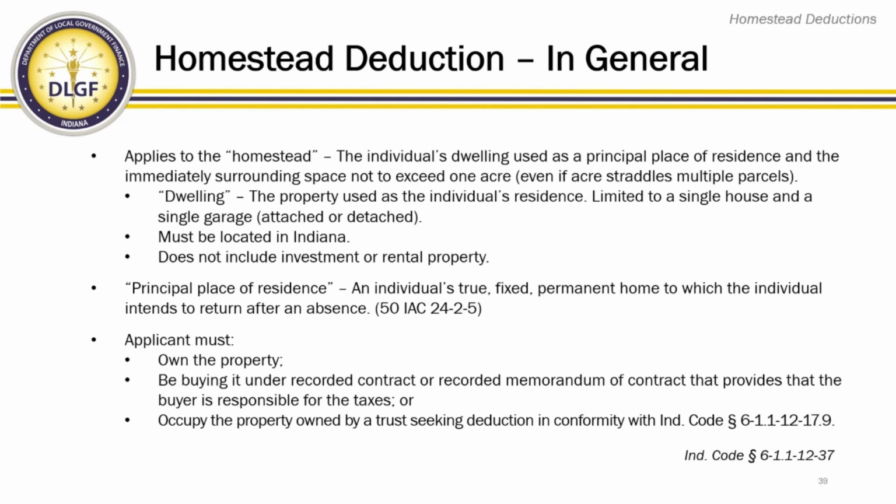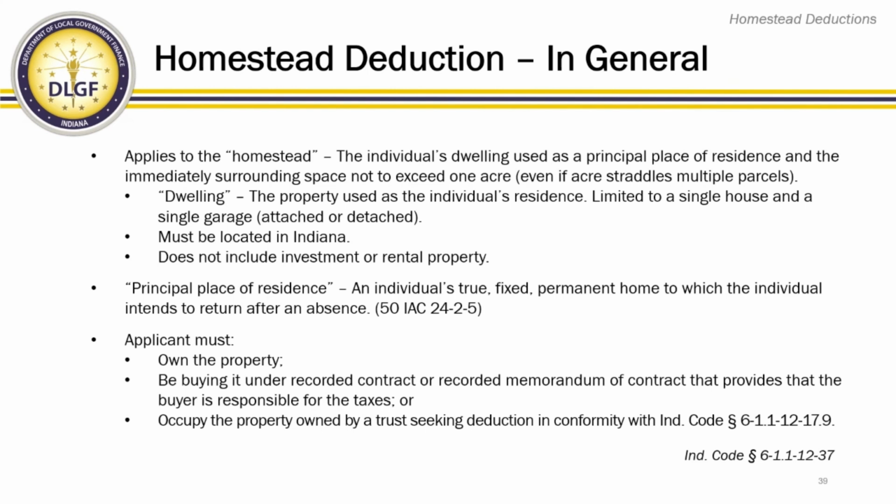Looking at the homestead deduction in general, there were some modifications during the 2023 legislative session that further fleshed out what homestead is defined to include. Previously in statute and in the current version of code, they both say that the homestead is an individual's dwelling that's used as a principal place of residence and the immediately surrounding space not to exceed 1 acre. Dwelling has always further been defined to include a more detailed breakdown of that.